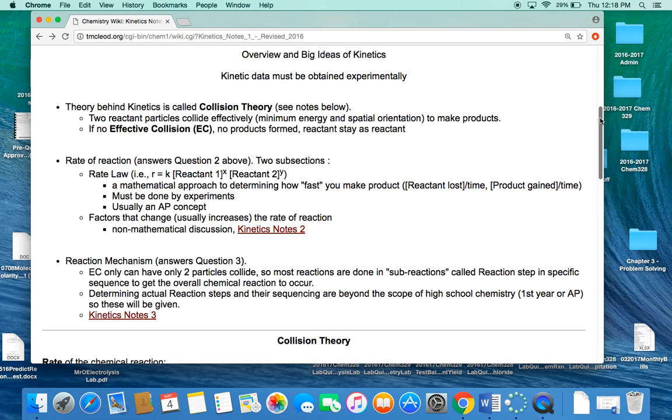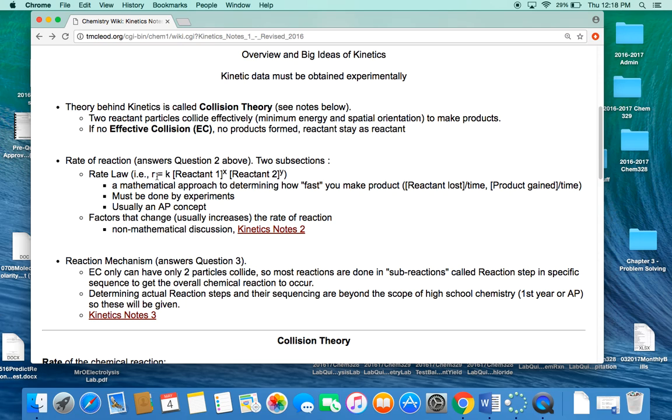The first, which is called the rate of reaction, talks about how fast you can make the products from the reactants. And the second thing is what they call reaction mechanism. That explains how you put the reactants together to form the products.